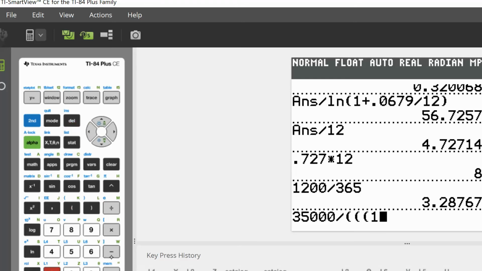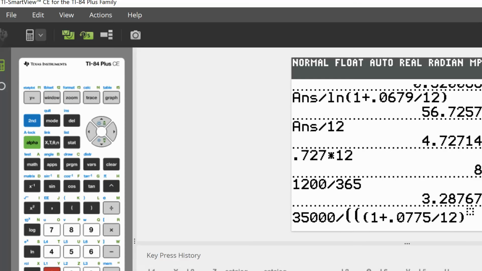And then you go 1 plus, now I got to remember the rate, 0.0775 divided by 12. Close the first parenthesis, only 1, raised to the 12 times 5 power.